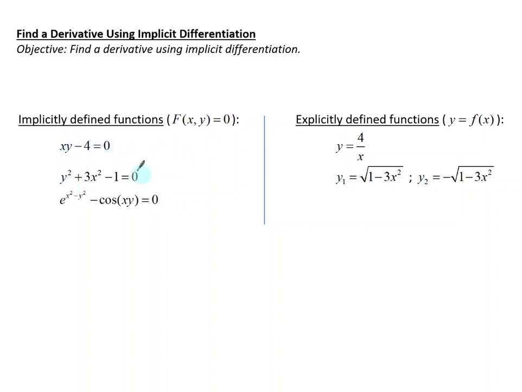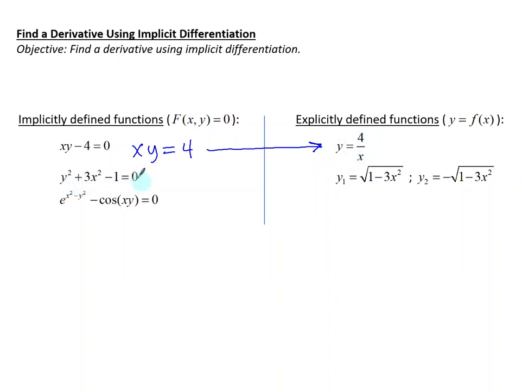The first two implicitly defined functions can be defined explicitly. Notice if we take this equation and we add 4 to both sides, so we have xy equals 4, then we divide by x, that leads us to an explicitly defined function.